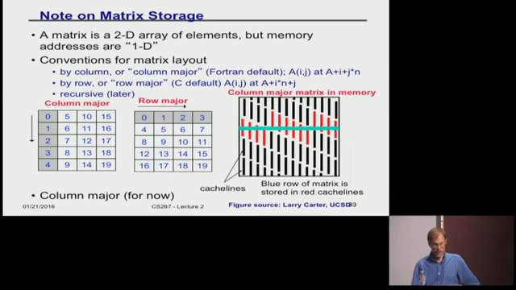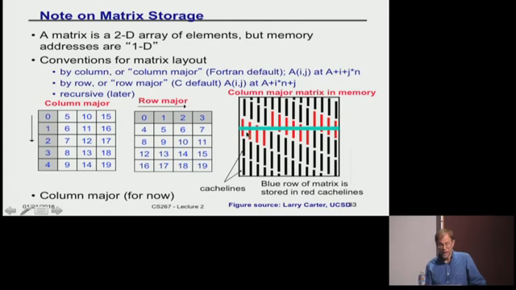Because that's what cache line sizes are. Your matrix could be whatever, but it doesn't have to be divisible by the cache line size, right? So what I've colored in here are cache lines. These are all stored in the same cache line. Those are stored in the same cache line. And that's sort of the mapping of your matrix to the memory. So now, let's suppose that in your code, you say, I want to access that row of the matrix. What is the hardware actually going to do?